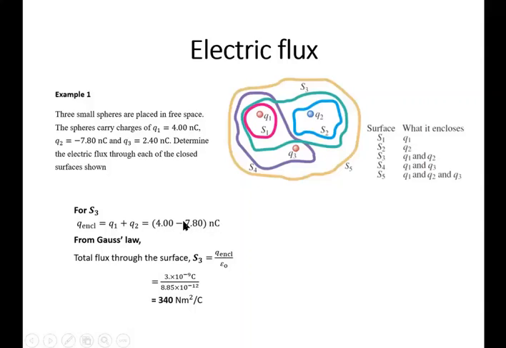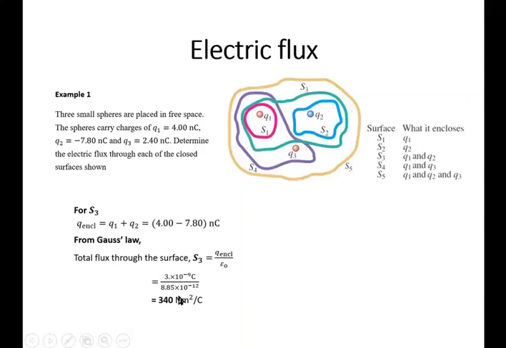If we do this arithmetic, we are going to get something like 3 point something times 10 to the power negative 9 coulomb. It is nanocoulomb. So it's going to be 3.8. Sorry, it's 3.8 here. If it is not exactly this value, then it will be something around this. So try it yourself. I'm sorry for that.